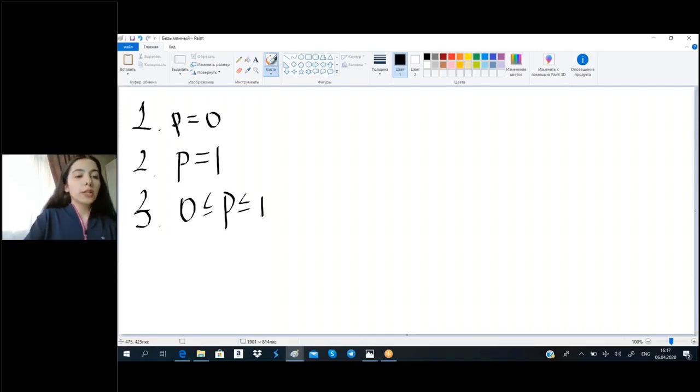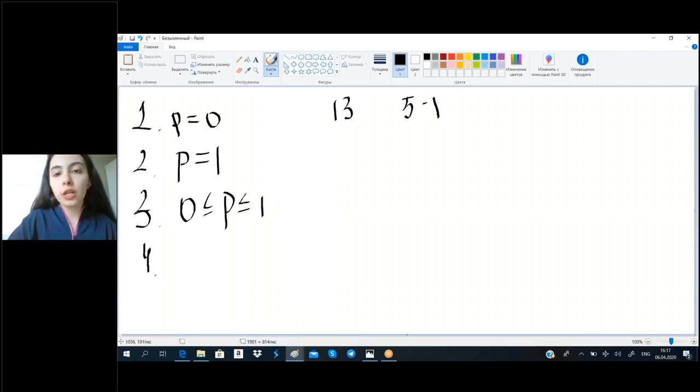And fourth one, the total sum of the probabilities during the same experiment will be 1. Why? Let's go back to the same jar. Suppose that we have again 13 balls, 5 of which are red, 3 of which are black, and 5 of which are again white.